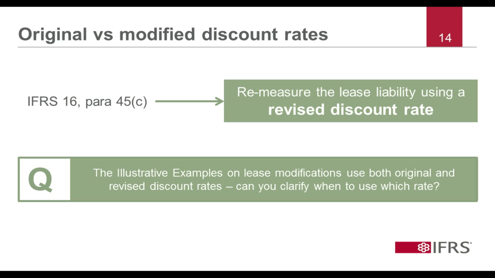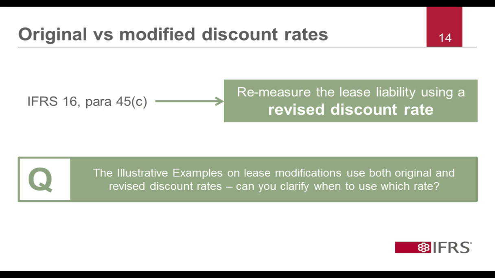However, we've heard some questions relating to the illustrative examples in IFRS 16. In particular, some have noted that there are places in the modification examples where the original discount rate is used, in particular in illustrative example 18.